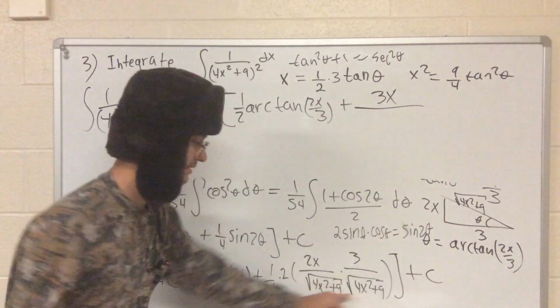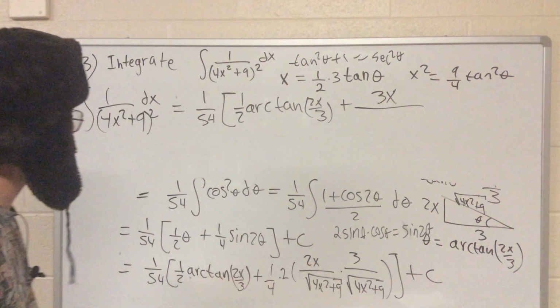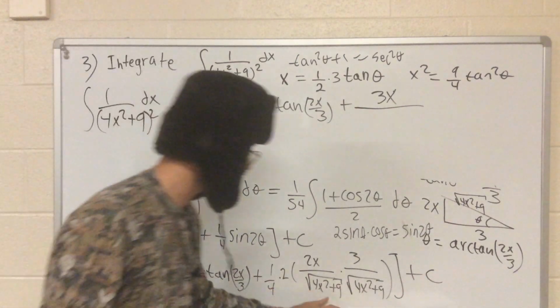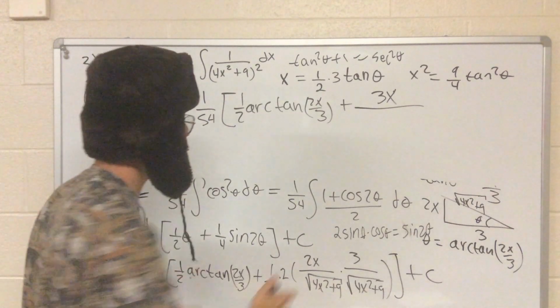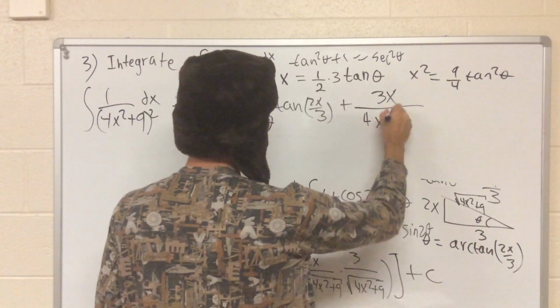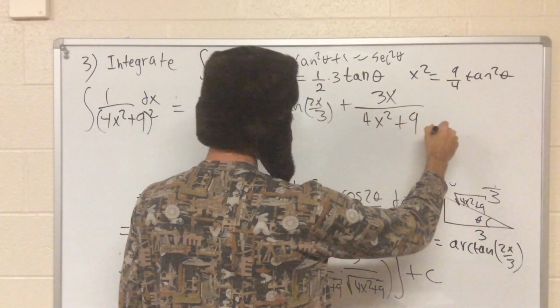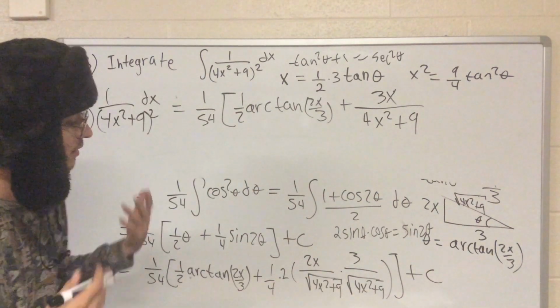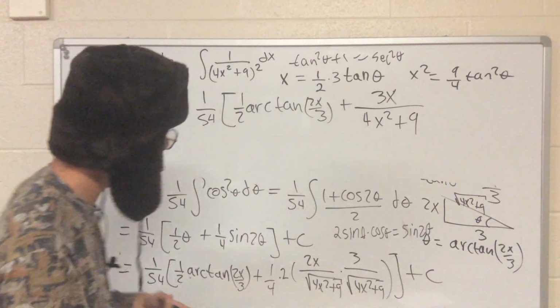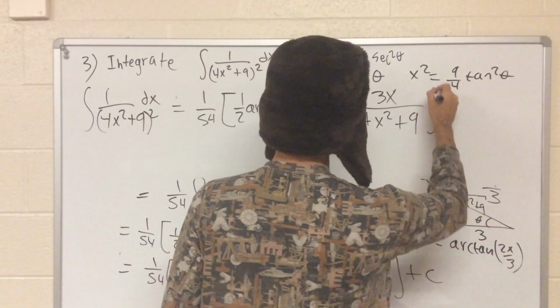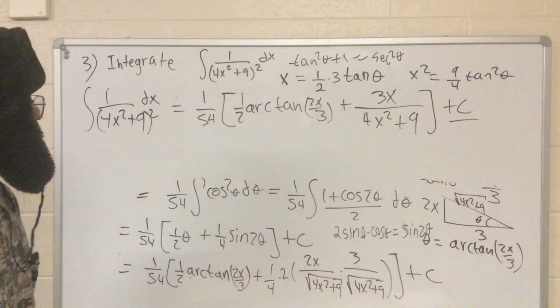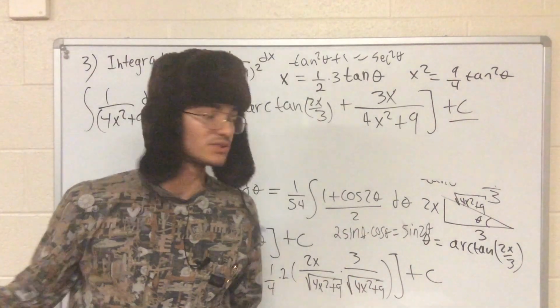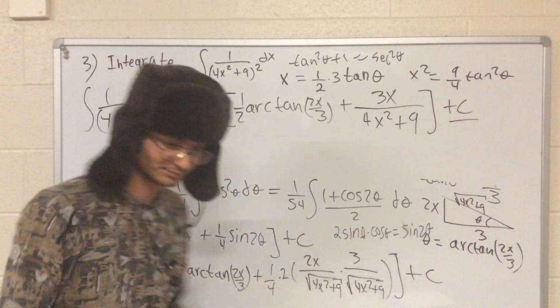If you combine this together, you have the same factor, just to the first power: 3x over 4x squared plus 9, and then all of this plus c. Don't forget your c. So this will be the integral using trigonometric substitution.